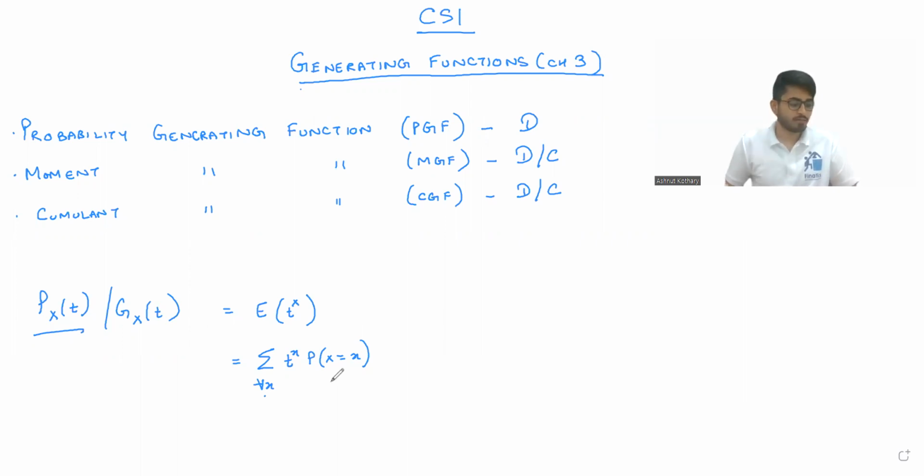Full stop. Alternatively, in other words, we will only define PGF for those discrete random variables which take non-negative integer values.